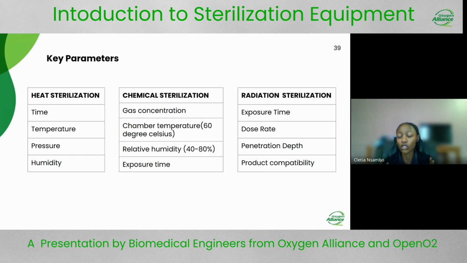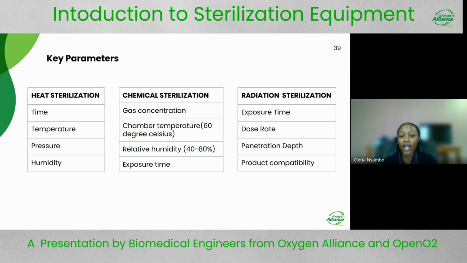So it's essential to understand how these parameters work depending on how long you want your sterilization process to take, or the temperature you've set it at. This chemical sterilization is also considered a low temperature sterilization because it doesn't go up as high as 100 degrees. The process here usually occurs around 60 degrees Celsius.